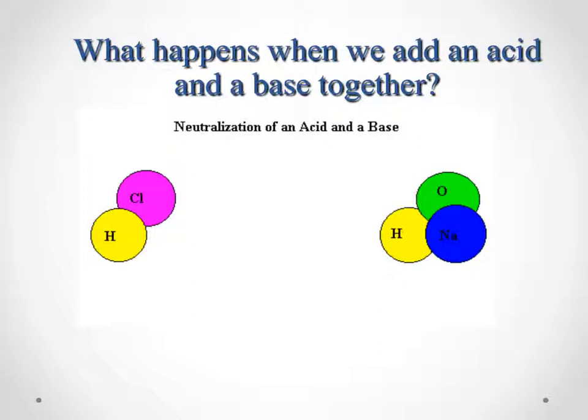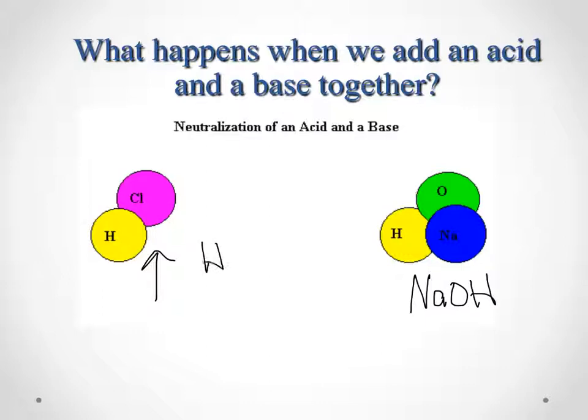One important chemical reaction to talk about with acids and bases is called a neutralization reaction. Again, this is a little simulation that won't show up, but you can look at it. I ask kids the question, what happens when we add an acid and base together? What do you think happens? You notice over here we've got hydrochloric acid, there's the HCl represented right here, and we're going to combine it with NaOH.